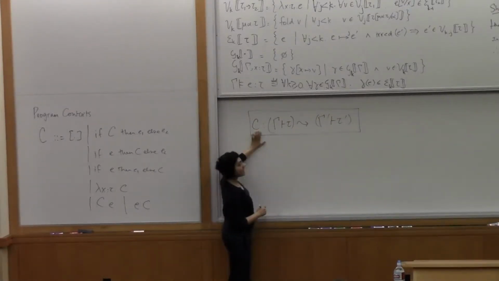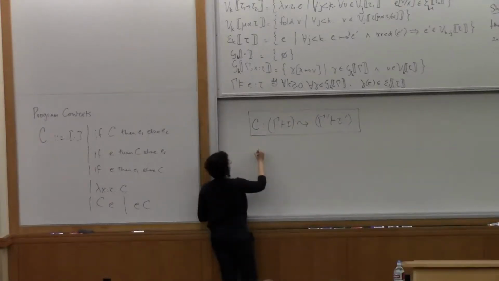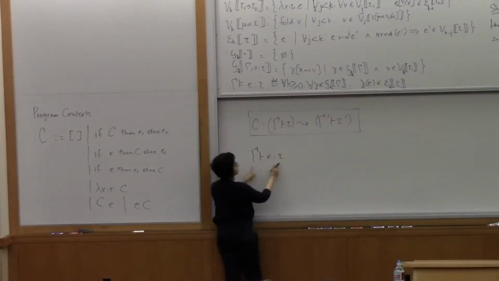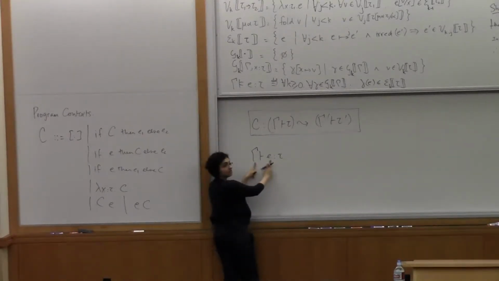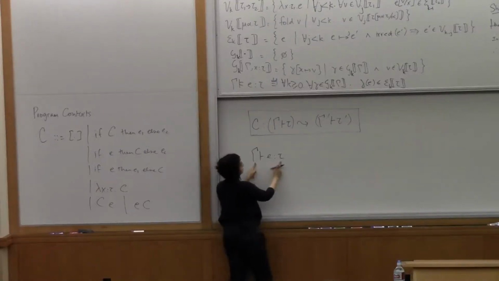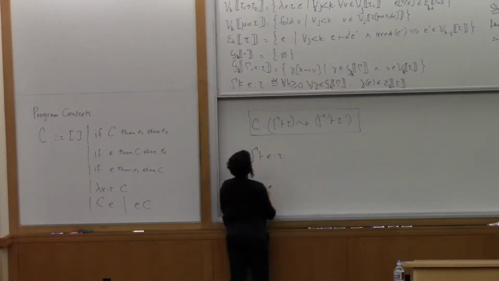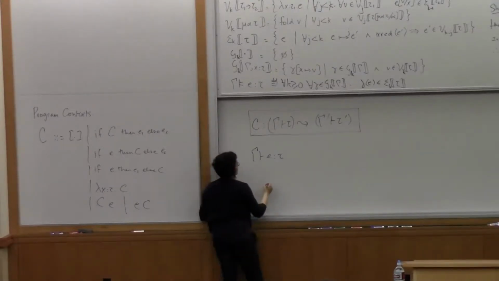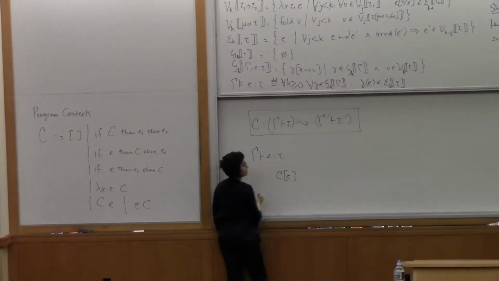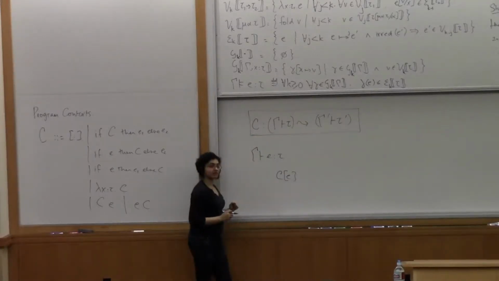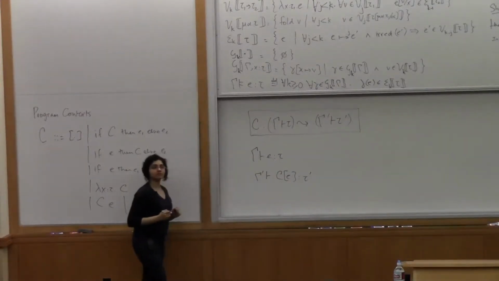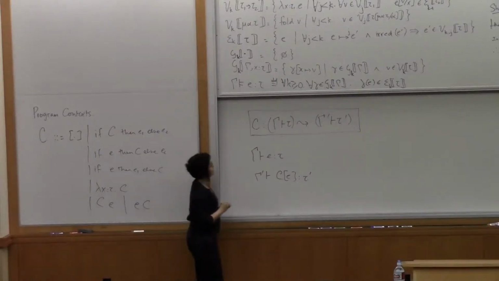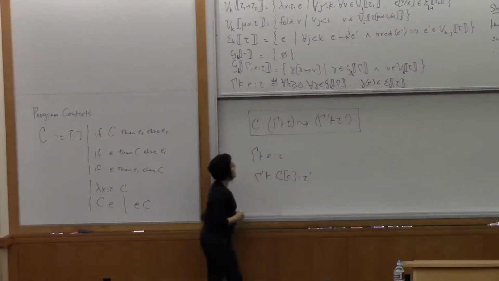So in particular, if you have a context of this type, and you are given an expression of this type, notice that this E has type tau under gamma, right, which matches the type of the whole. So if you're given an expression of this type, then once you plug the expression E into the context C, you will get an expression that has type tau prime under the environment gamma prime. Okay? So that's the way you want to read these typing rules.